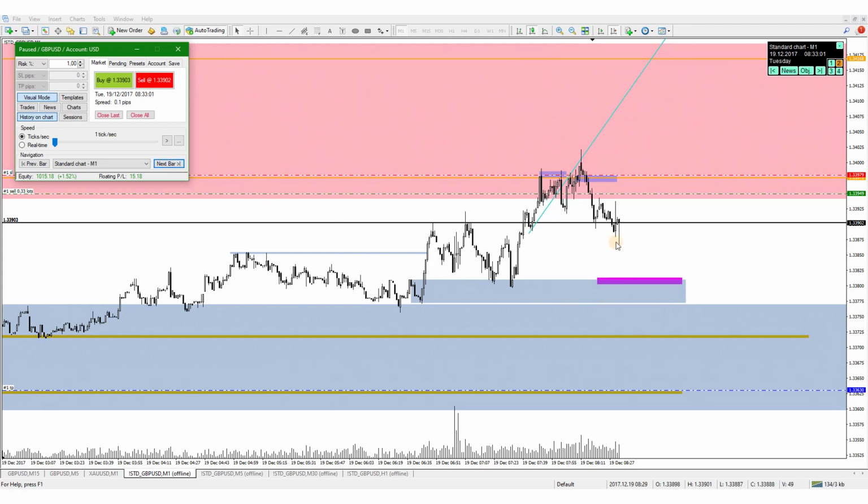Very bad wick. I'm a bit confused. Sellers attacked, buyers made a response. Oh la la. Yeah, but I don't have anything to move my stop loss. So this is it, yes.